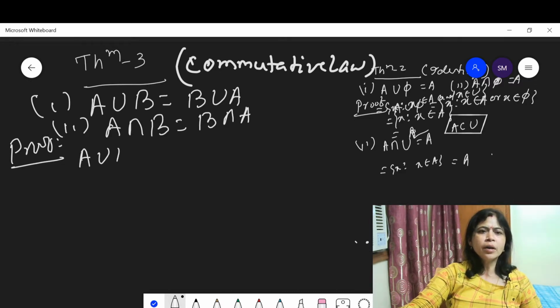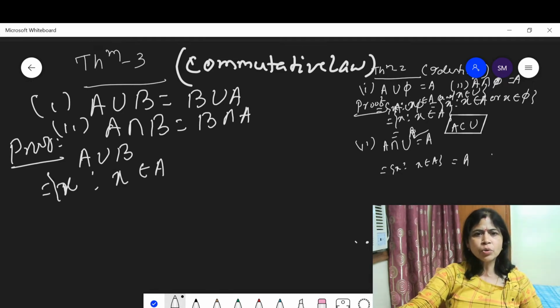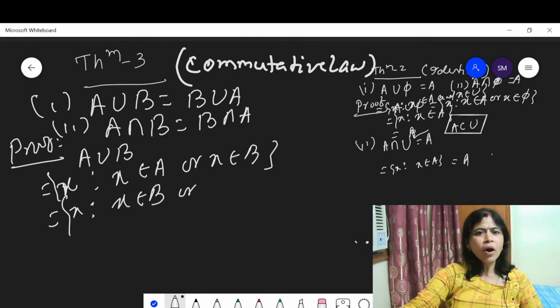A union b means x is such that x belongs to a or x belongs to b. This can be written as x is such that x belongs to b or x belongs to a. Am I right?